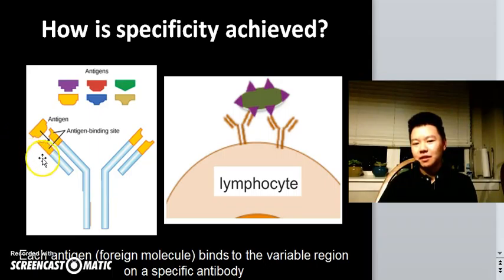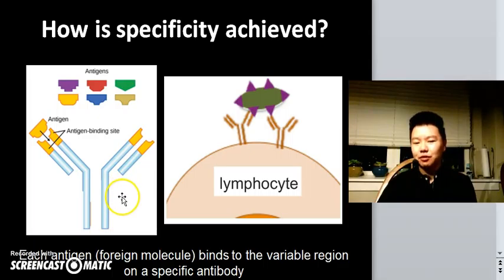So in this case, the yellow antibody will only bind strongly to the yellow antigen. And your body makes antibodies that will bind to this purple one, to this red one, to this green one, all different antibodies you're capable of making. And it's this specific fit between antibody and antigen that allows our adaptive immune system to specifically attack each foreign pathogen.